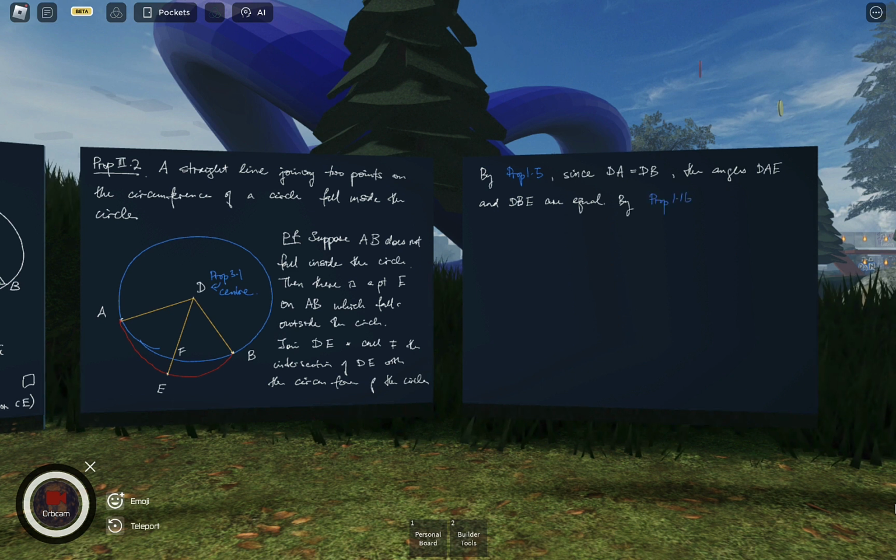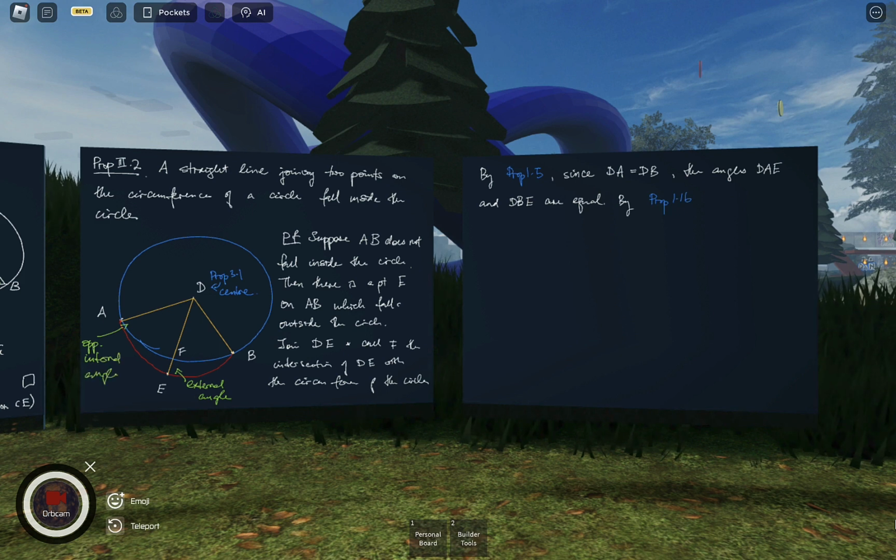So this one says that the external angle of a triangle is larger than the opposite internal angle. And I guess we go back to the picture over there. Well, this is a really wonky triangle, right? Basically, it says that this is the external angle. This is the external angle. And this over here is the opposite internal angle.